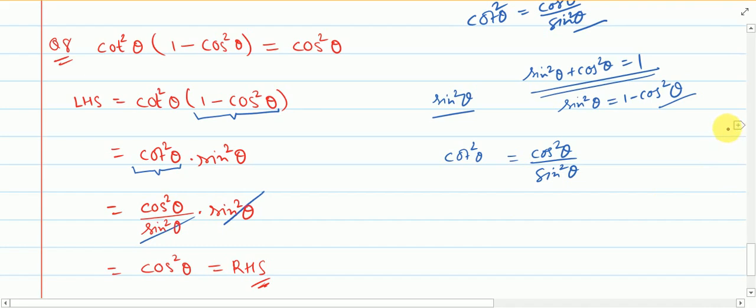Now let us see question number 9. So question 9 is tan square theta into 1 minus sin square theta is equal to sin square theta. Keep this as your homework.